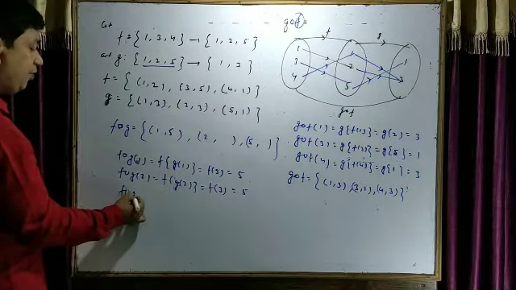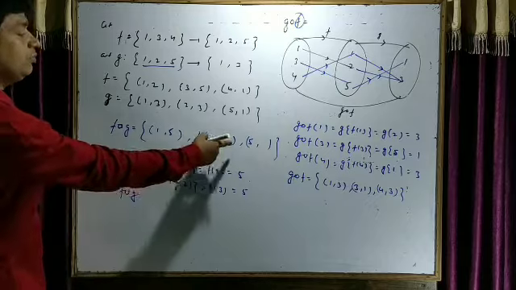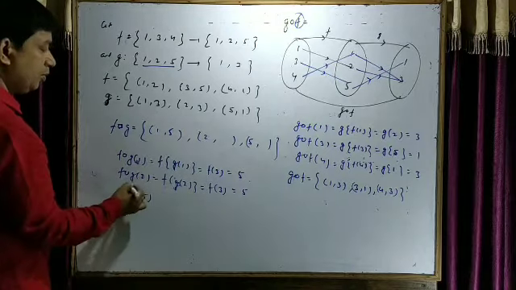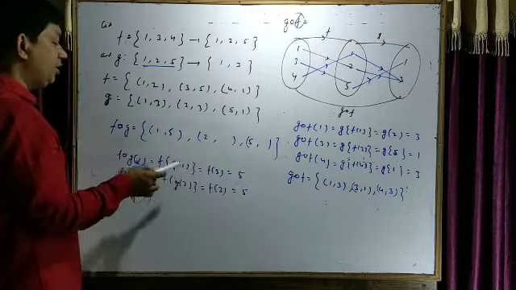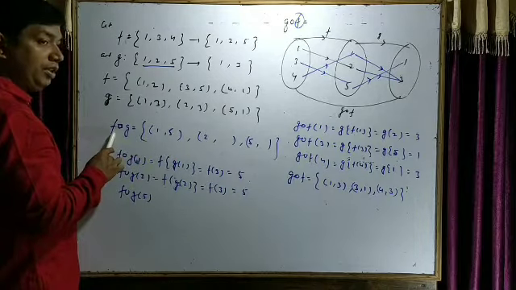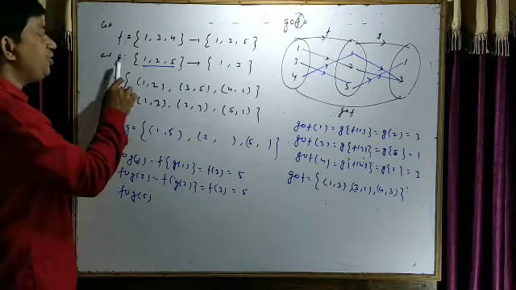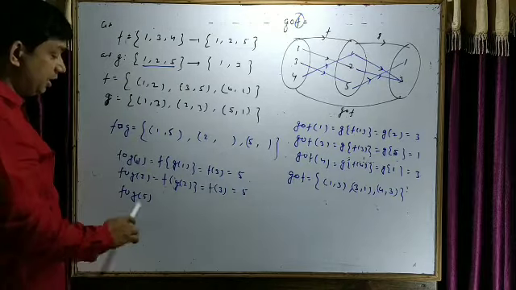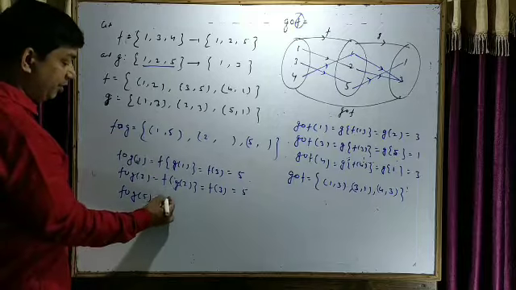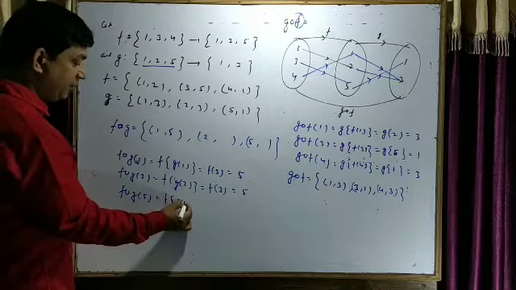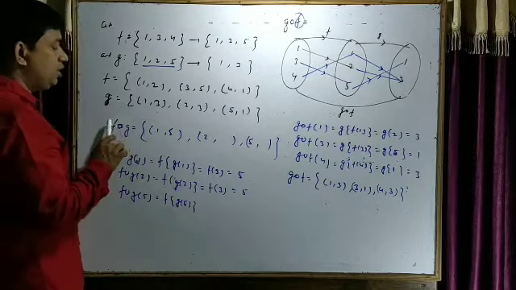Next is fog of 5. Why did I take 1, 2, 5? Because the domain of fog is the same as the domain of G. Clear? Now what is fog of 5? F of G of 5.